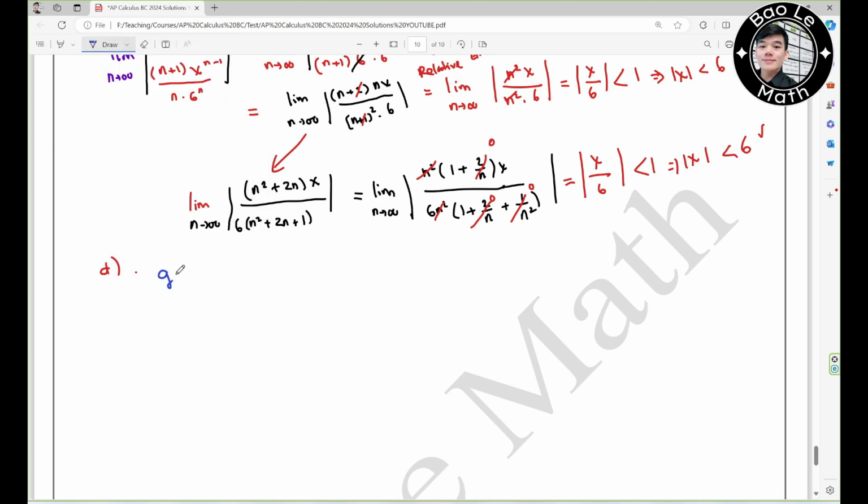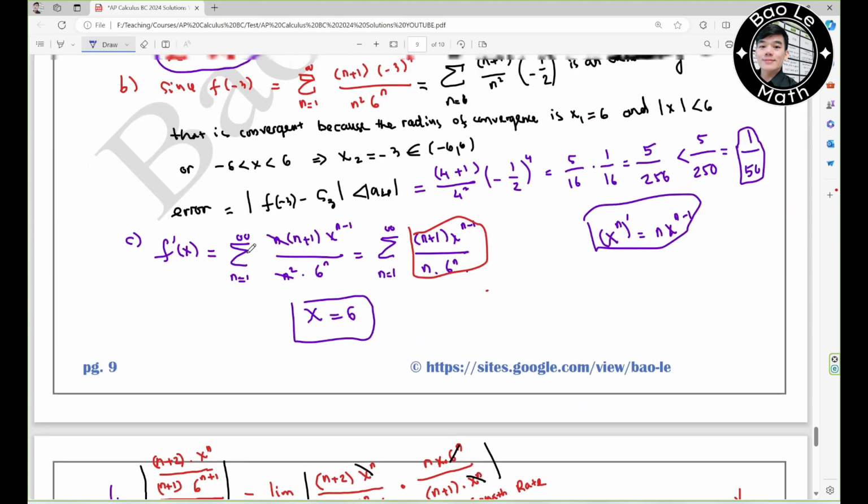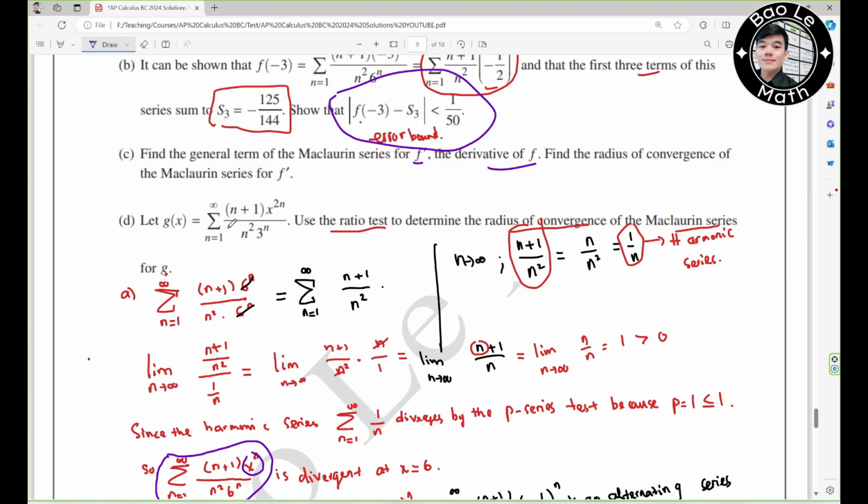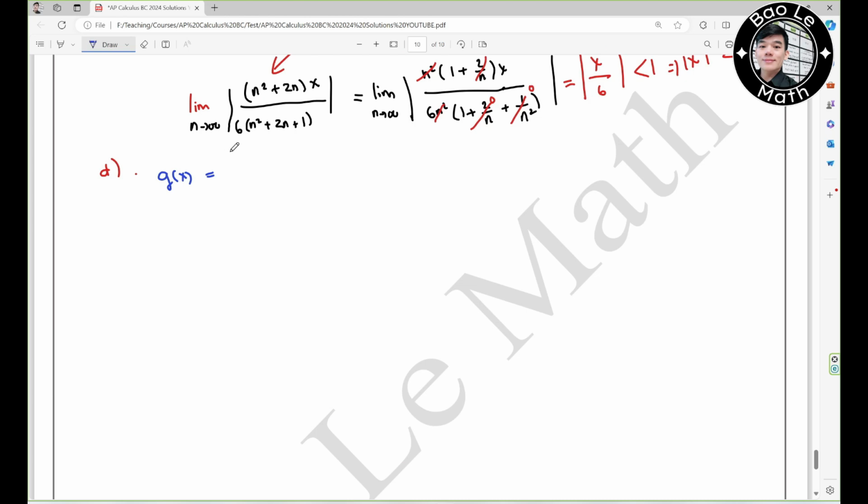G(s) equals the sum, n goes from 1 to infinity, of (n plus 1) times s to the 2n over n squared times 3 to the n.